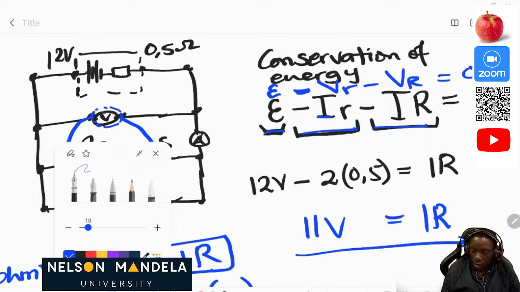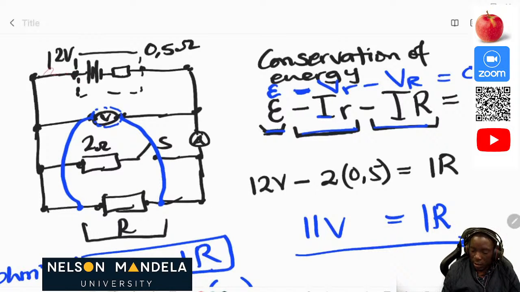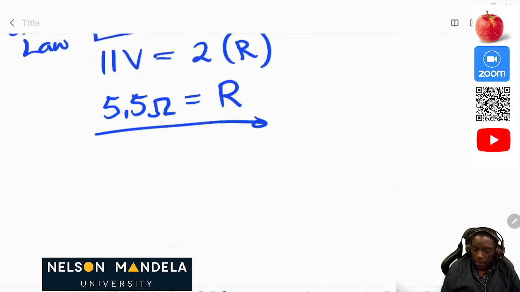Our closed loop in this case is this part of the circuit. So E minus Ir minus IR equals 0, when we go in that direction around the loop. That's a closed loop.